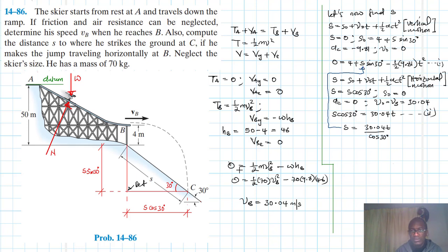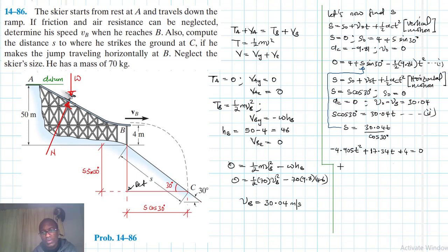When we do so, we'll have minus 0.5 by 9.81, which is 4.905 t squared, plus 30.04 times tan 30, which is 17.34 t, then plus 4 equal to 0.